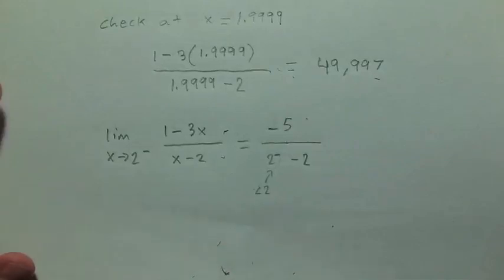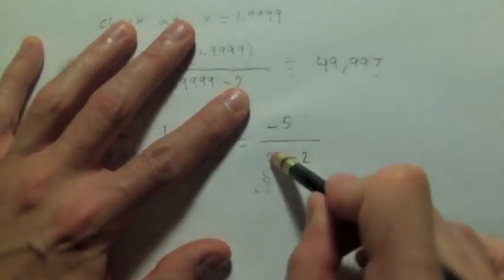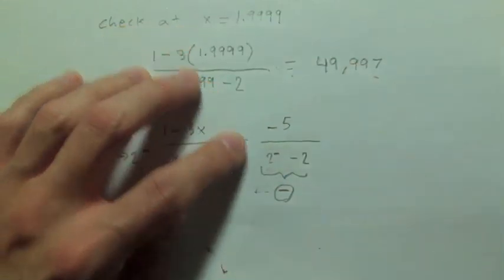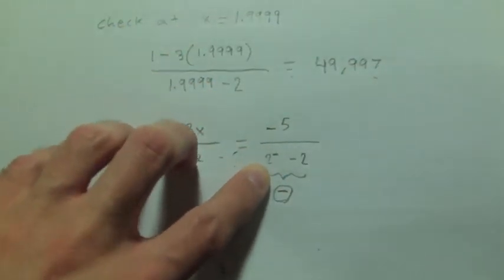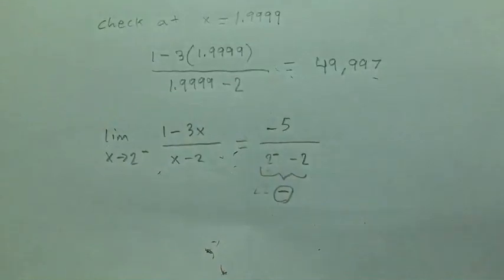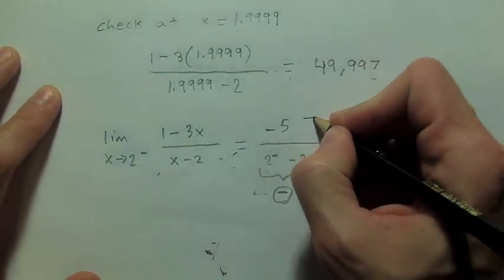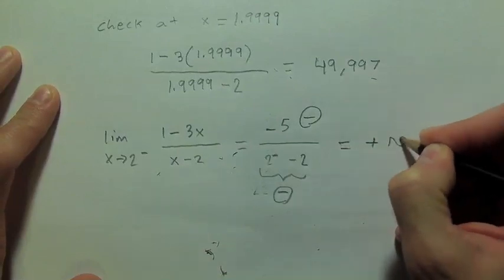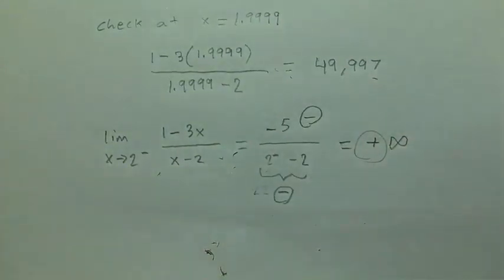Okay. So this whole thing here is going to be negative because I have some number less than 2, and I'm subtracting out 2. So I'm going to get a negative on the bottom, and we still have a negative on the top, meaning we have a positive all around.